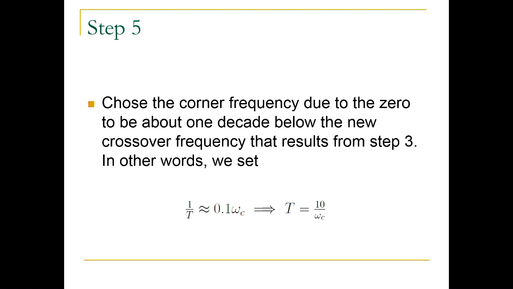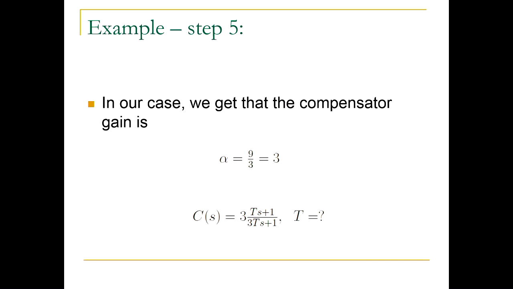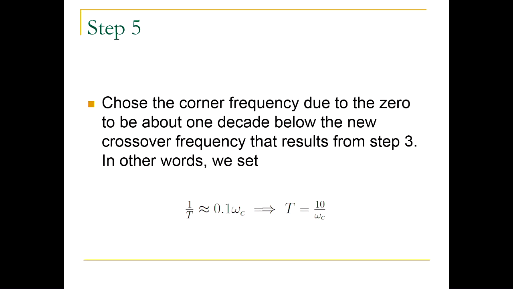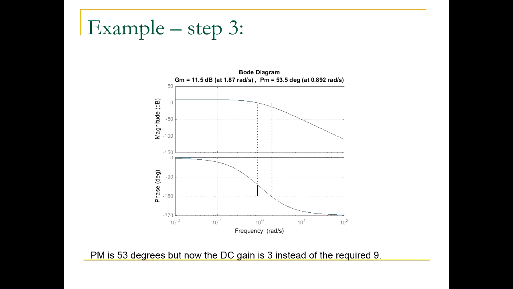We will choose the corner frequency for the zero of the compensator to be about 1 decade below the new crossover frequency that results from step 3. So 1 over T is the corner frequency for the zero, where the zero is at minus 1 over T. We choose this corner frequency to be about 0.1, like 10 times smaller than the crossover frequency that we determined in this step.